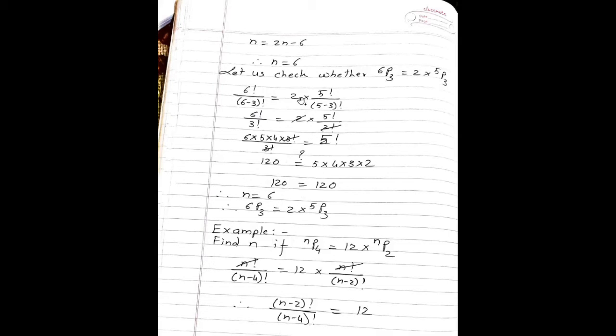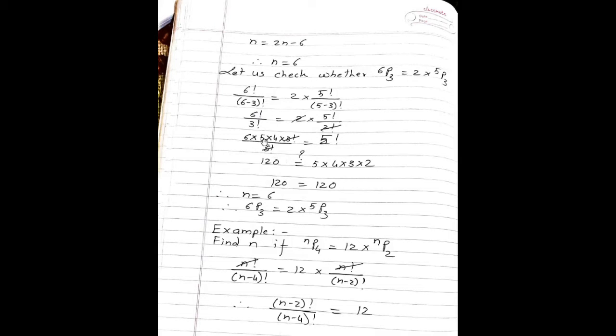So 6P3 can be considered as 6 factorial upon 6 minus 3 factorial is equal to 2 into 5 factorial upon 5 minus 3 factorial. So 6 factorial upon 3 factorial is equal to 2 into 5 factorial upon 2 factorial. So 6 factorial can be written as 6 into 5 into 4 into 3 factorial divided by 3 factorial, which is equal to 2 and 2 cancels with each other, 5 factorial.